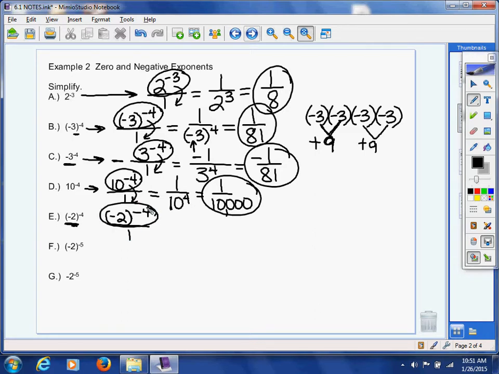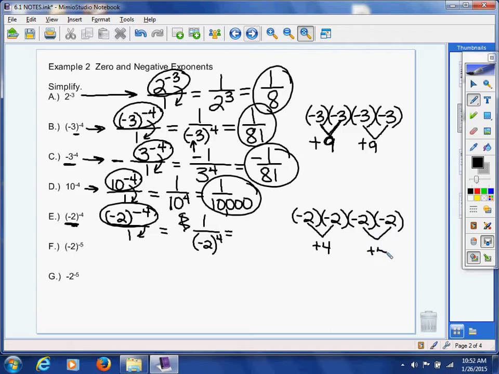And I want to bump it down so that that -4 power becomes +4. And then you're going to end up with, same deal up top with the 3's, -2 times -2 times -2 times -2. And look what happens with every pair. A negative times a negative, you get a +4. Same situation here, +4.